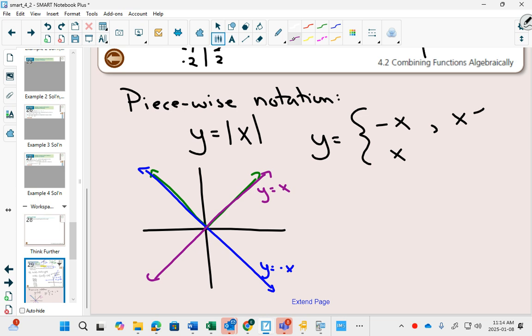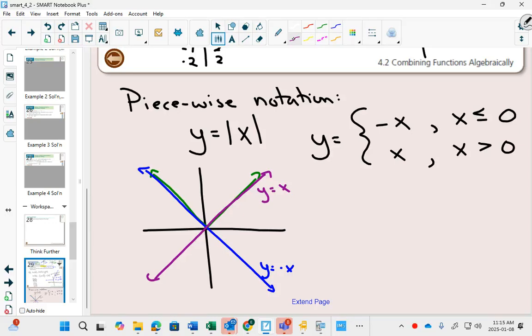When x was less than or equal to 0, we used the blue graph. Then we switched to the purple graph when x was bigger than 0. This is called piecewise notation, where instead of writing the whole equation, you break it up into its pieces.